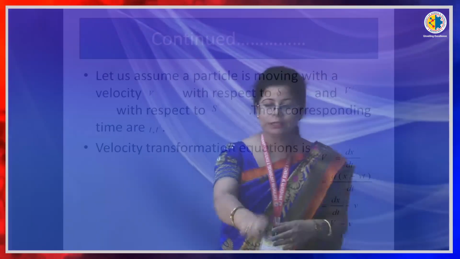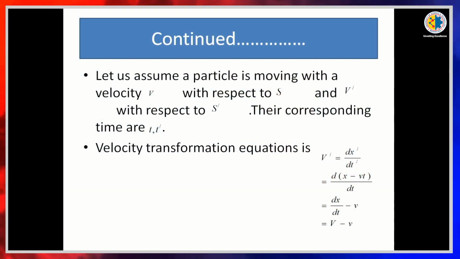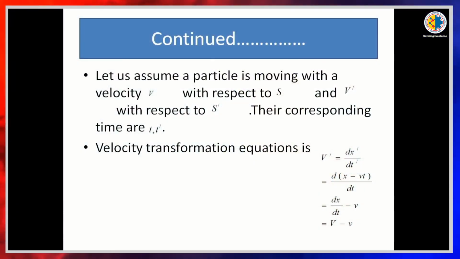So, the velocity transformation equation: capital V dash is equal to dx dash by dt dash. All of you know that velocity means rate of change of displacement. So, here V dash is the velocity of this particle according to S dash frame, the rate of change of displacement, and according to S dash frame displacement is x dash. So, we write V dash is equal to dx dash by dt dash.